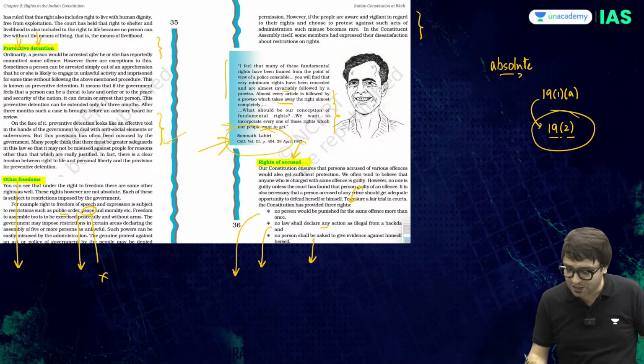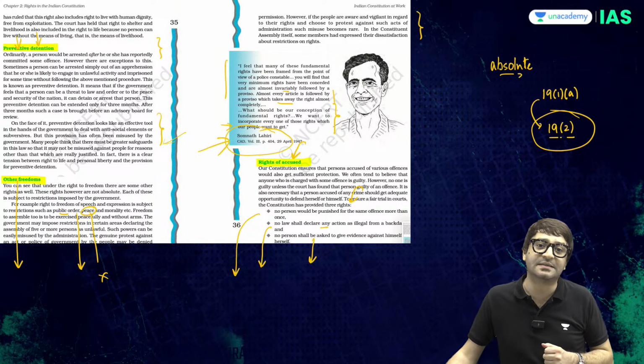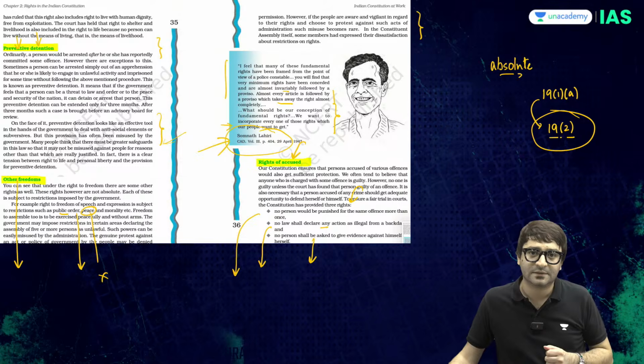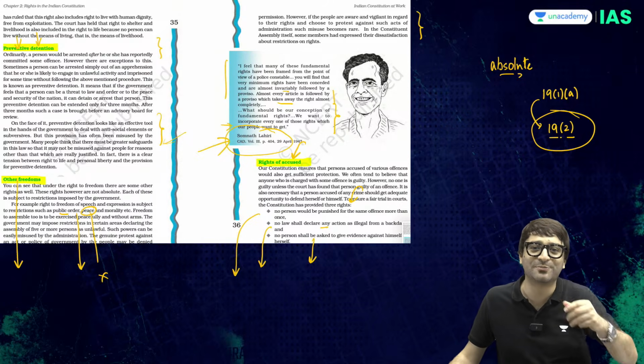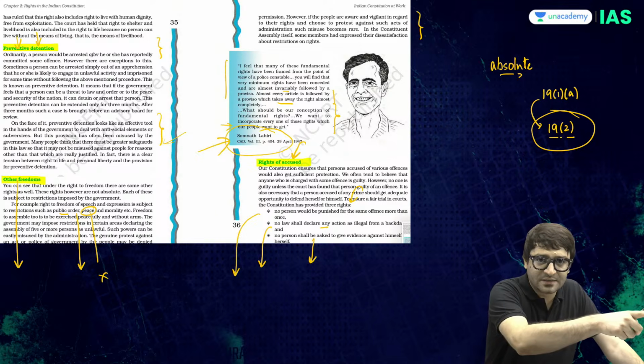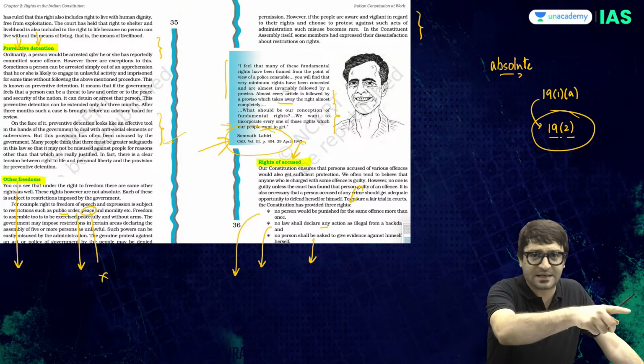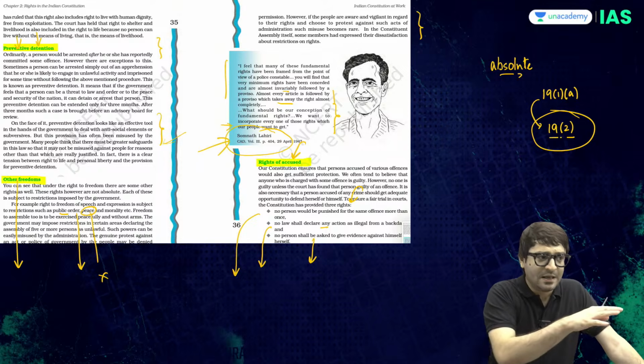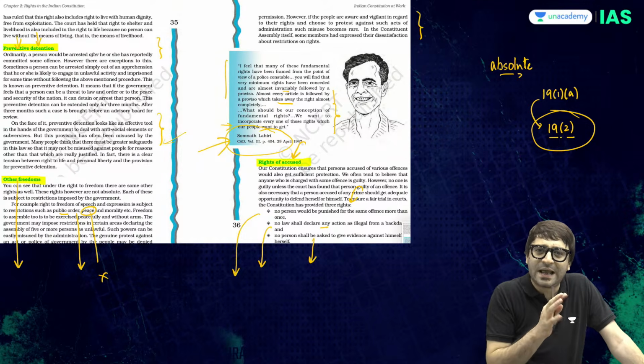And no person shall be asked to give evidence against himself. If this provision was not there in the Constitution, every case would have been solved by the police. There is a rape case, there is a murder case, there is a dacoity case, there is a terrorism case, but some of the cases, they don't end well.